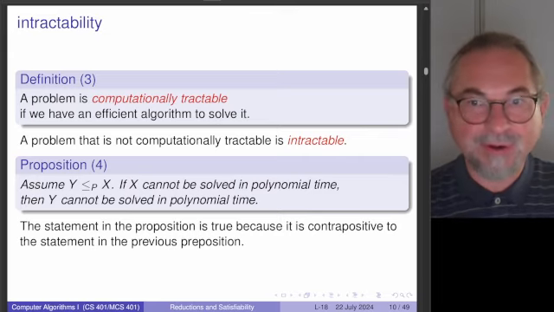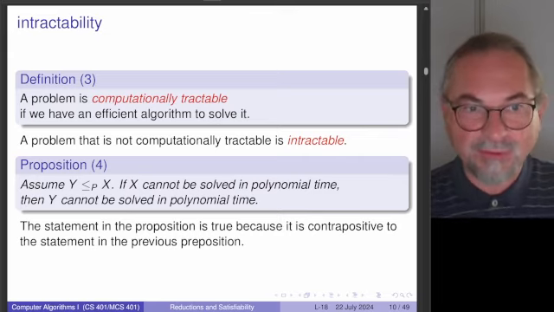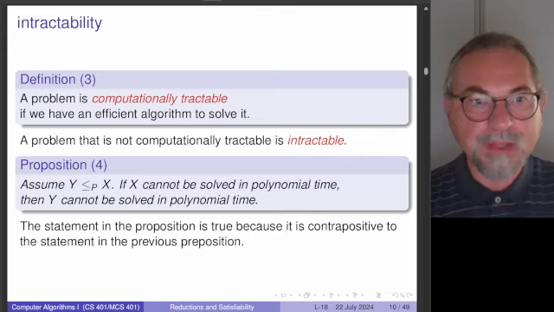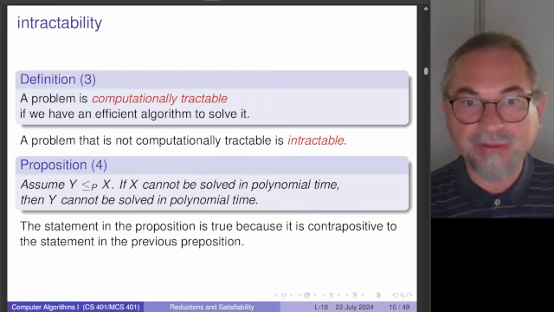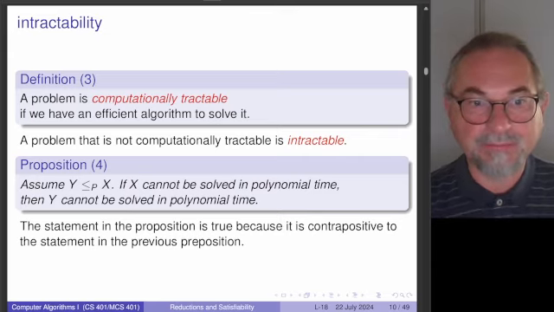Now let's go to more difficult problems. The problems that we have covered so far in this course are all computationally tractable because we had efficient algorithms to solve them. If we do not have a polynomial time algorithm, then we say that the problem is not computationally tractable, or for short, intractable.